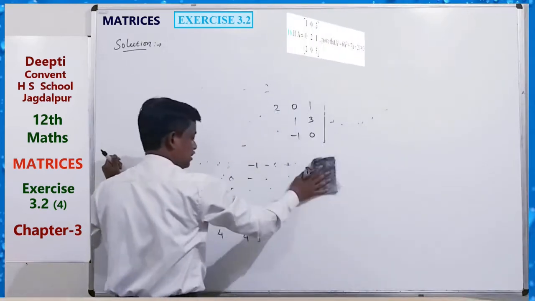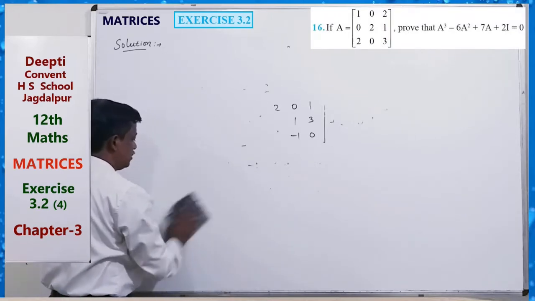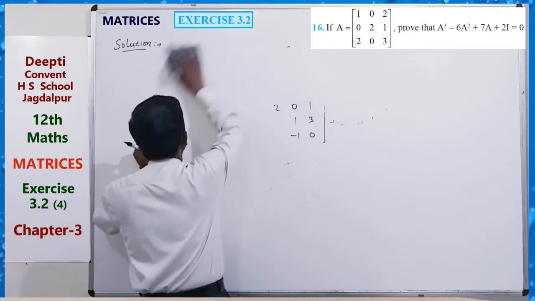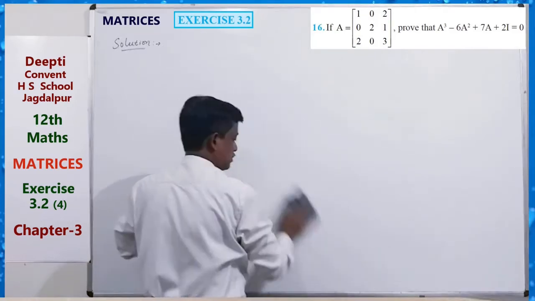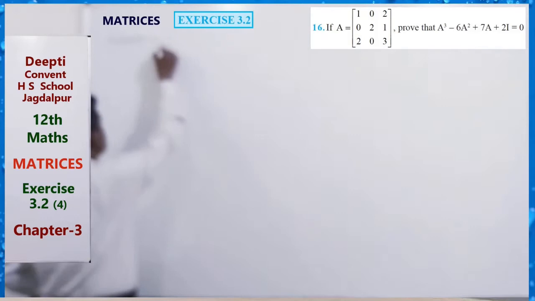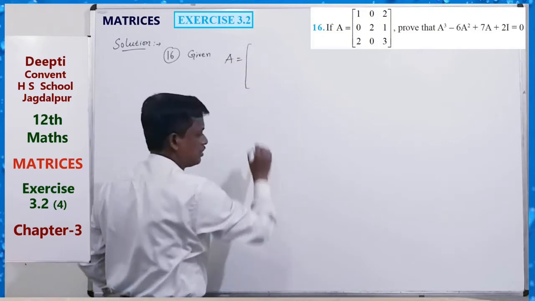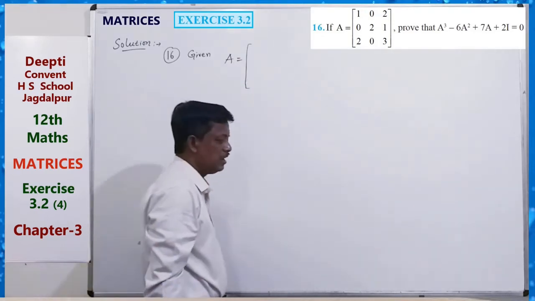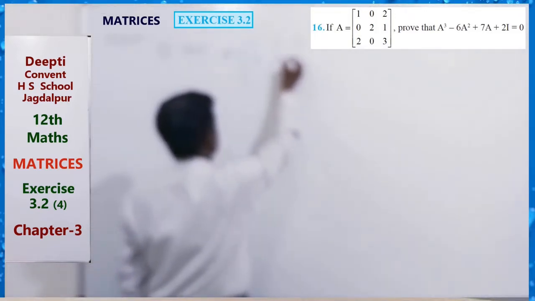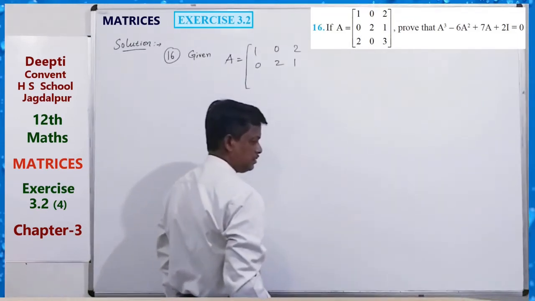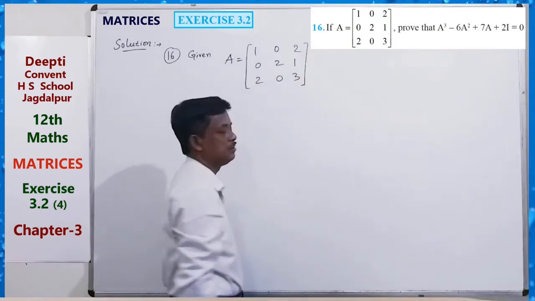A 3 by 3 order matrix is given: A equals 1 0 2, 0 2 1, 2 0 3. So this is a 3 by 3 order matrix.